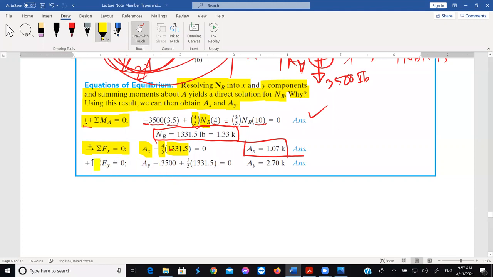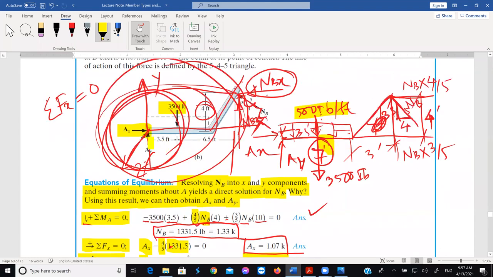You can also apply the summation of vertical forces equal to 0 to get the vertical reaction AY, and you can see we assumed AY to work in the upward direction. The vertical forces acting are 3: AY, 3500 pound, and the vertical component of reaction NB.